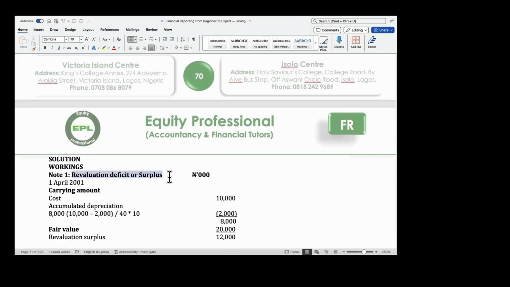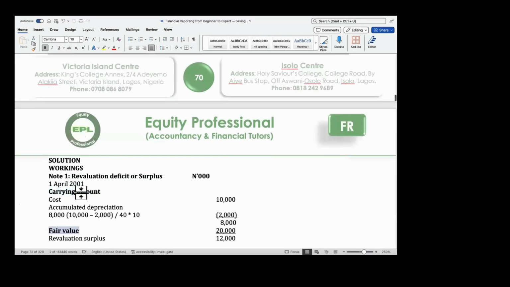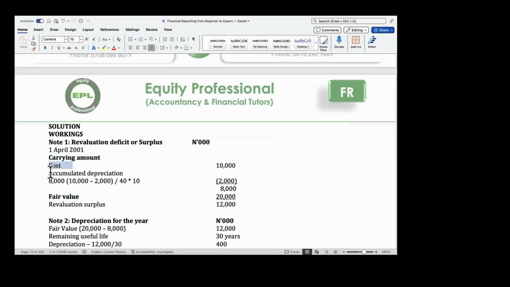So, revaluation deficit or surplus at 1st April 2001. What we are doing is comparing the carrying amount of the asset with the fair value. The carrying amount of the asset is simply the cost minus accumulated depreciation.